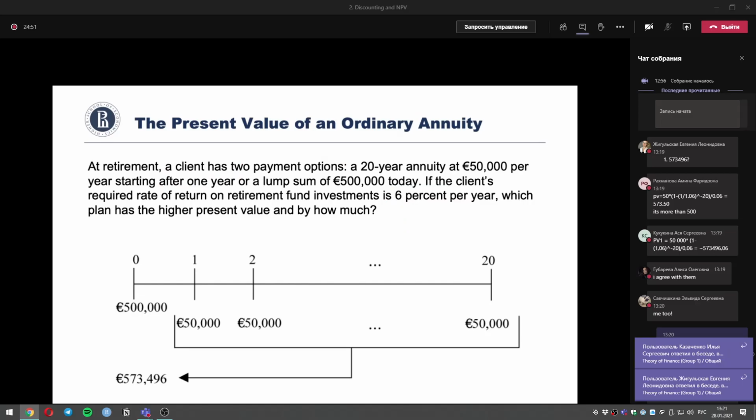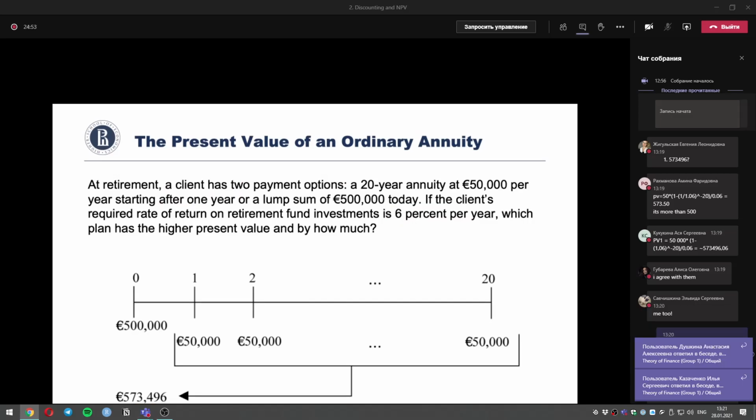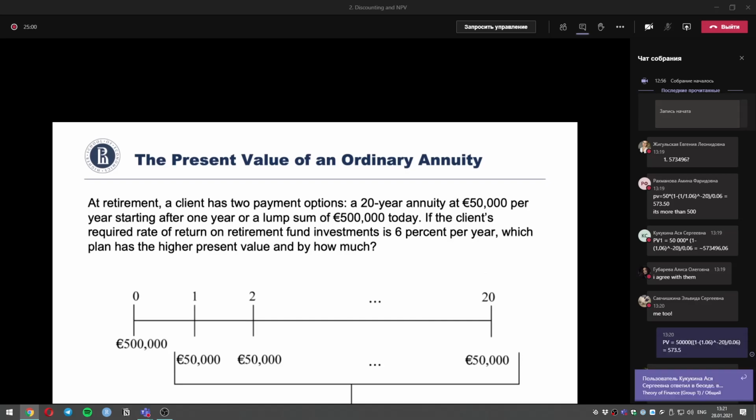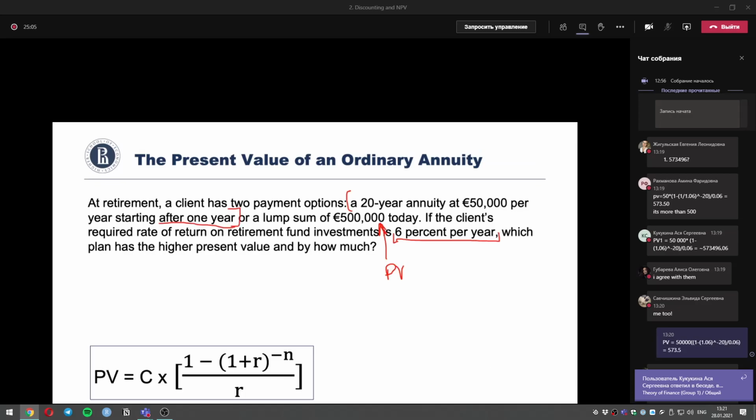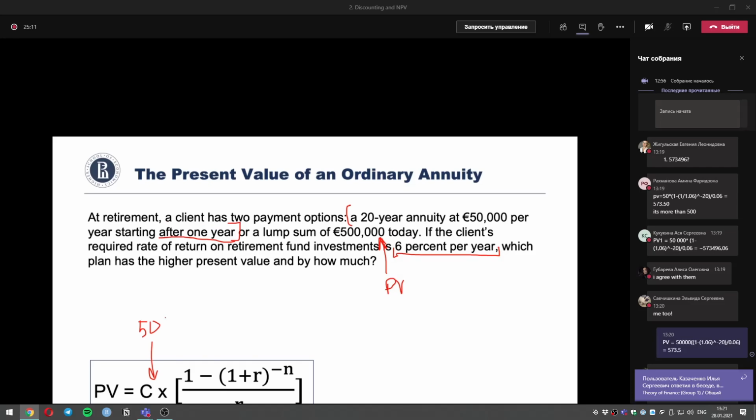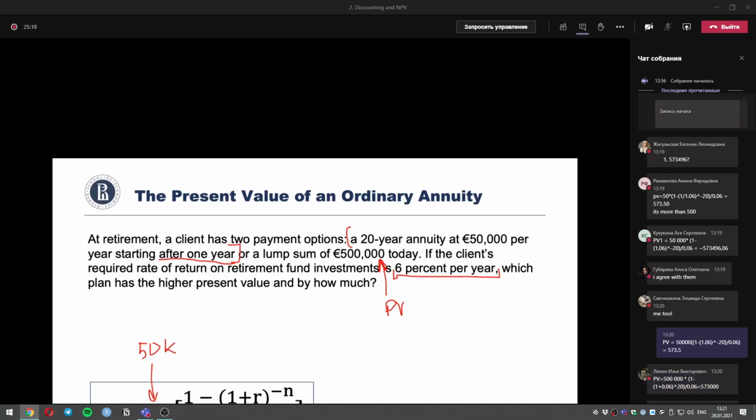Well, so here what we have to do is just apply the ordinary annuity formula for this first option. We take our 50K euros payments over here. As they're paid annually, we just take our annual interest rate as it is, 6%, and the number of years, 20.